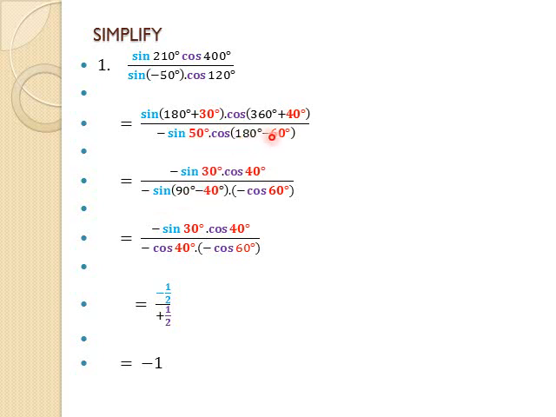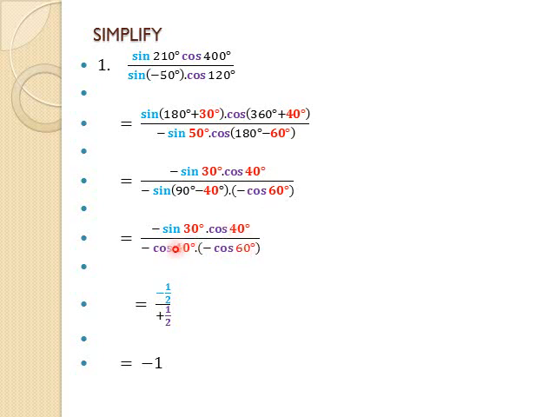And there, 180 minus 60, second quadrant, cos is negative, becomes negative cos 60. So now I'm left with negative sine 30, cos 40 on top. 90 minus 40 falls in the first quadrant, there sine is positive, right? But 90 changes sine to cos, so it simply becomes negative cos 40, and there I have negative cos 60.